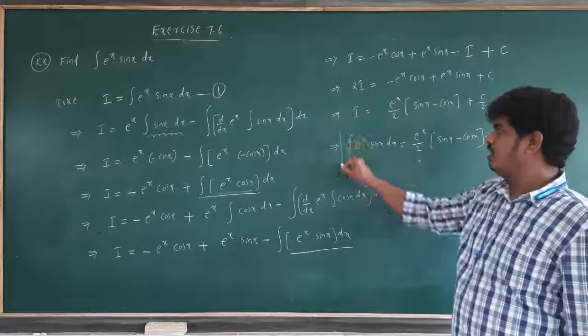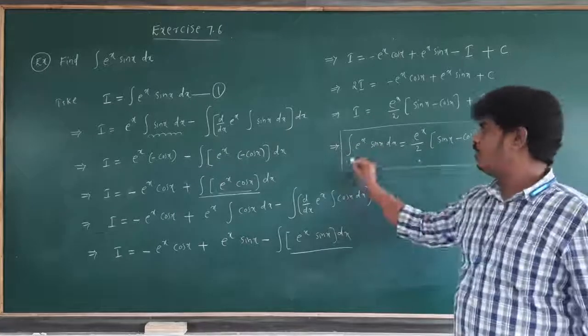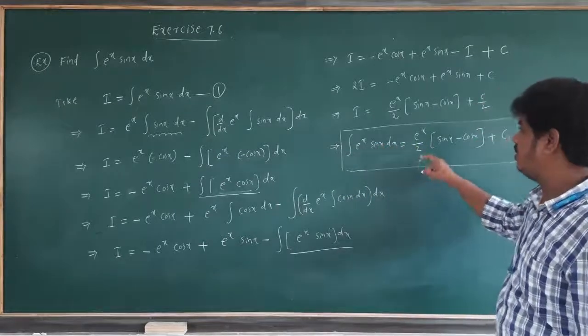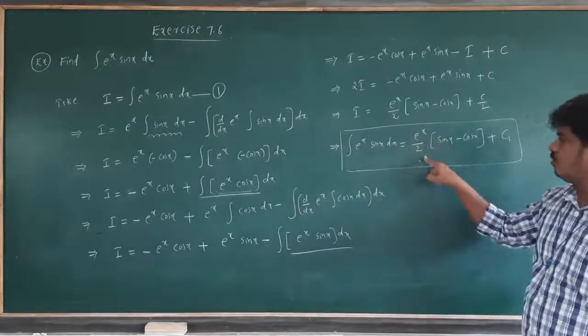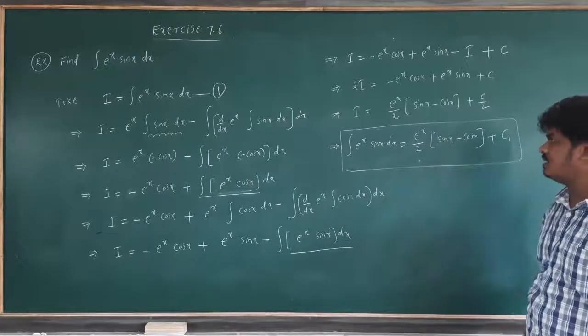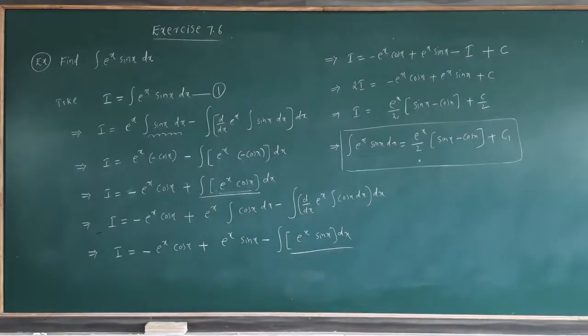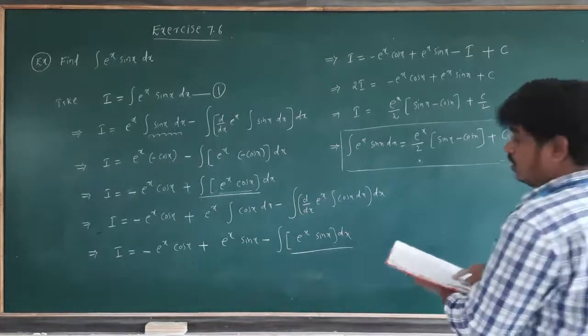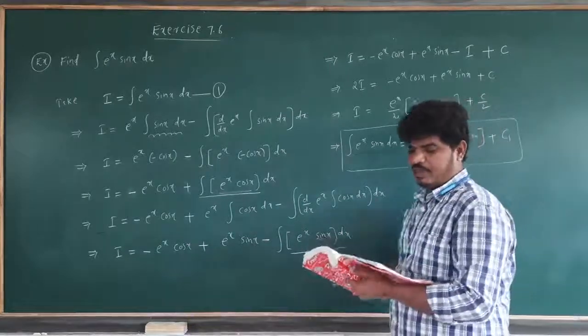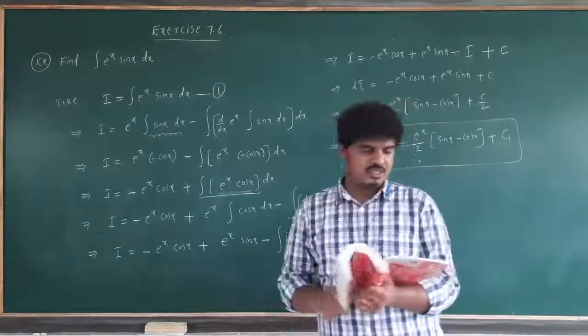So finally, the integral of e to the power of x sin x dx is equal to e to the power of x by 2 into sin x minus cos x plus some constant. Here I already said that you should do problem 21. 21 is the same as this example. Just try this.